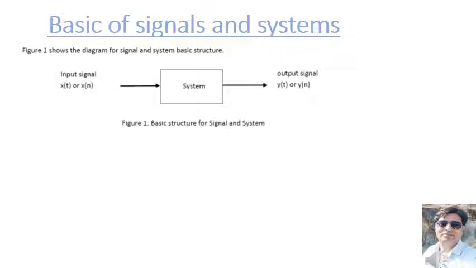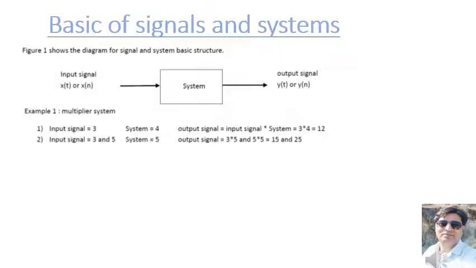Now let's have a look at an example for this system. Suppose we have a multiplier system, meaning this system provides a multiplying factor to our input. In our first case, suppose our input signal is 3 and our system provides a multiplying factor 4, then our output signal y(t) or y(n) will be equal to 3 into 4, equal to 12.